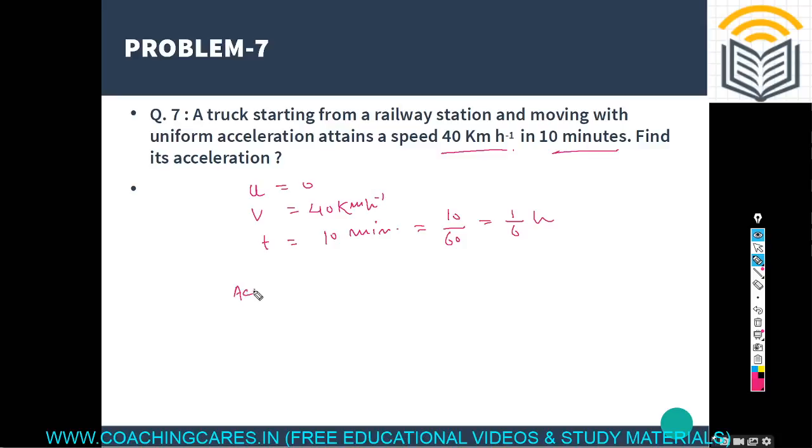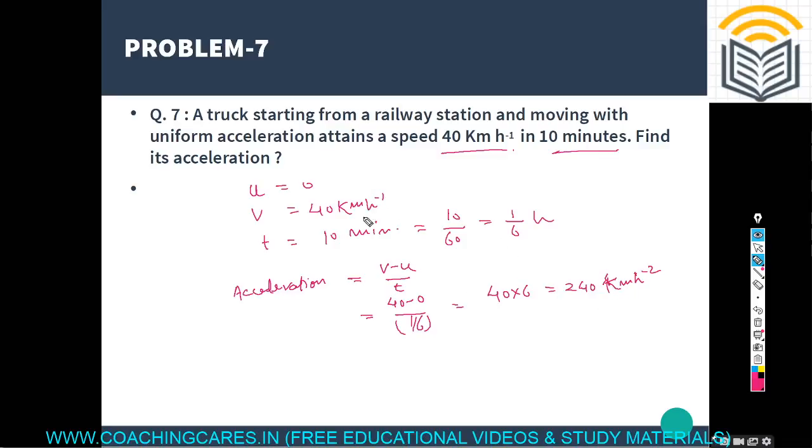So acceleration will be equal to v minus u divided by t, which is nothing but 40 minus 0 divided by 1 by 6, that is nothing but 40 into 6, that is nothing but 240, and that is kilometer per hour square. So that will be the acceleration in kilometer per hour square.